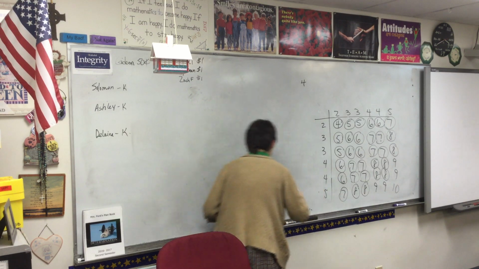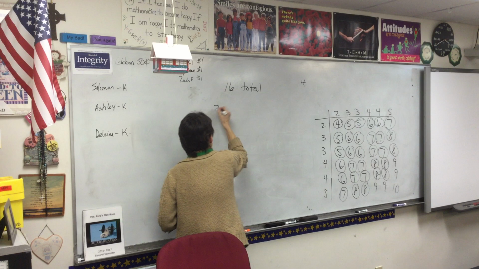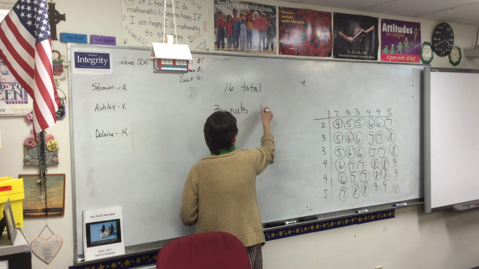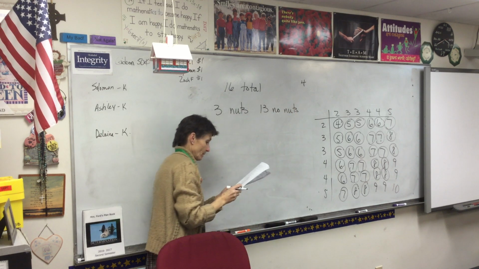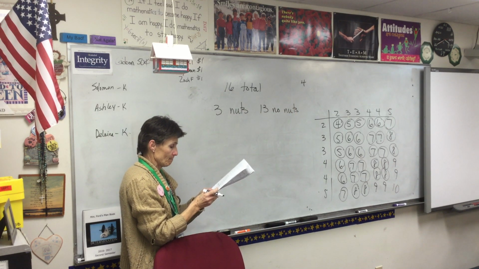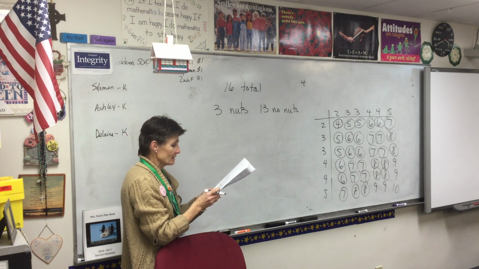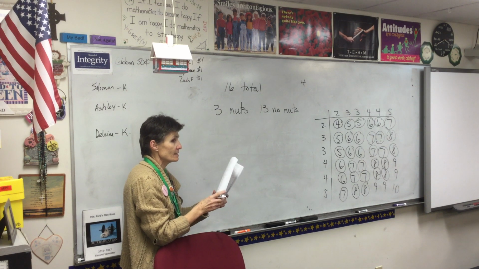So we've got 16 total. 3 have nuts and 13 no nuts. 2 chocolates are selected at random. Find the probability that exactly 1 contains nuts.